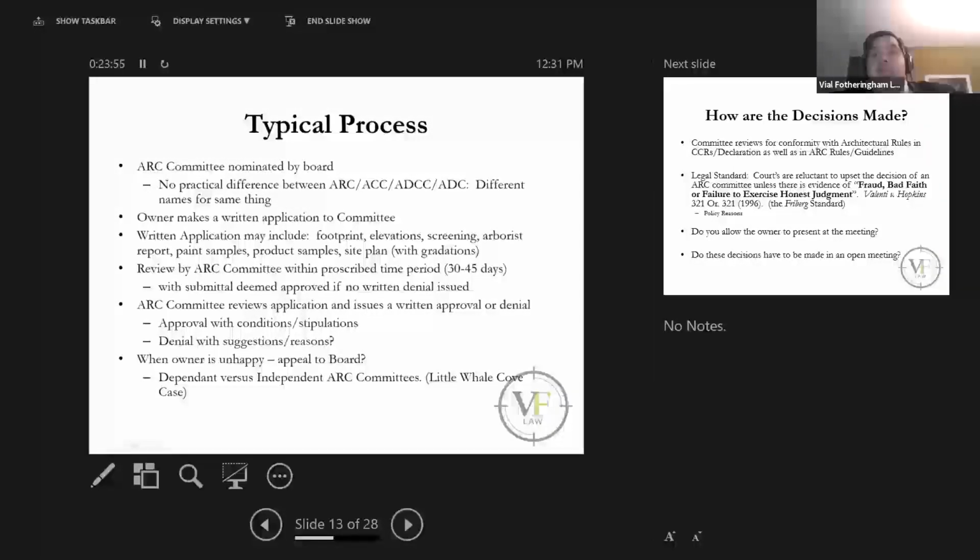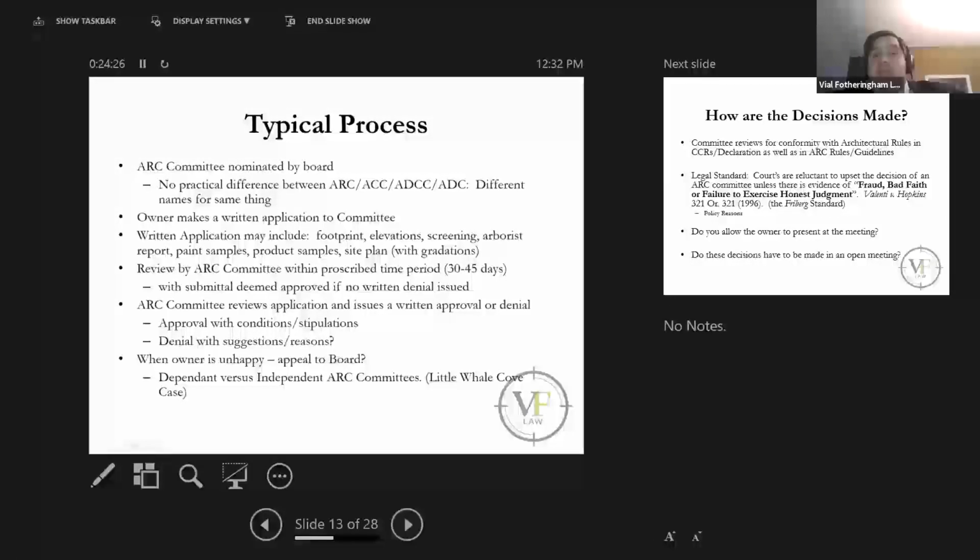All of those need to be included. So you need to be aware that an application, and again, this is based on your community and what is allowed, sometimes your single page written application is not enough, that you need to require owners to submit other things, and your application should account for that. It should reference that and state that.